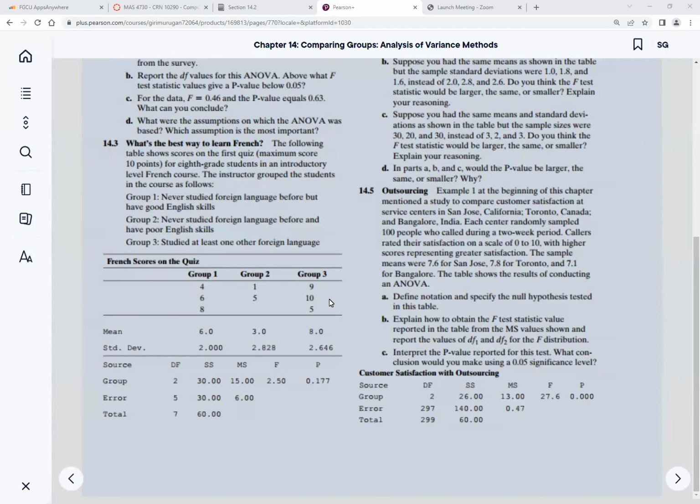What is the key difference between this example and the one that we did last time, French cuisine? Do we remember that example? The Zagat rating.